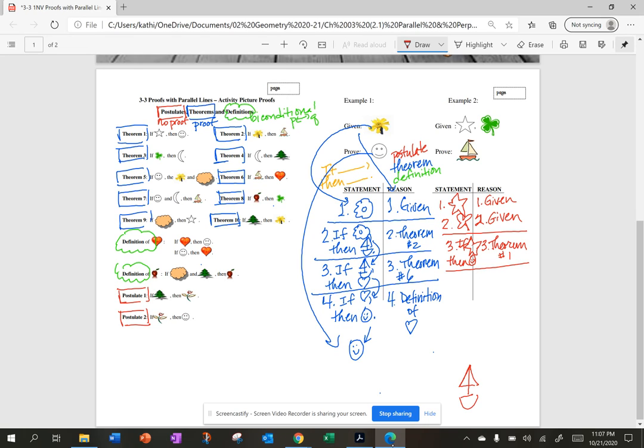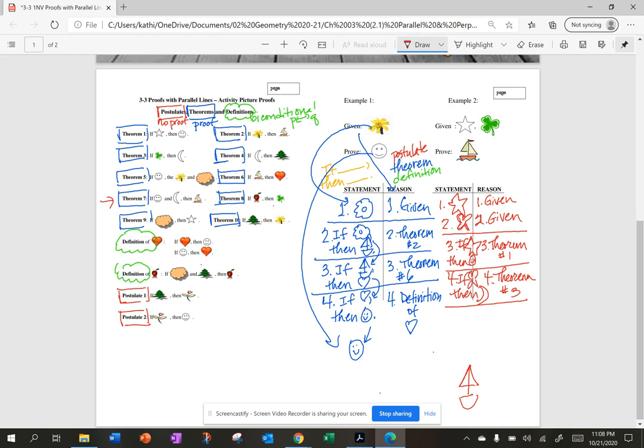And if I have a shamrock, so I'm coming up here to this shamrock. If I have a shamrock, then I can get a moon, and that is theorem number 3. So now I have a smiley face and a moon.